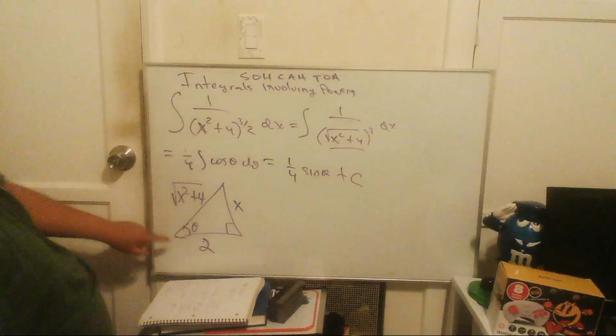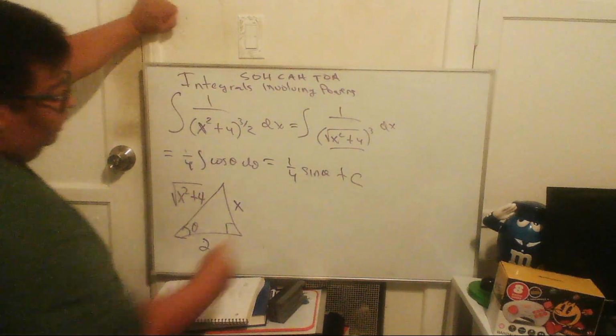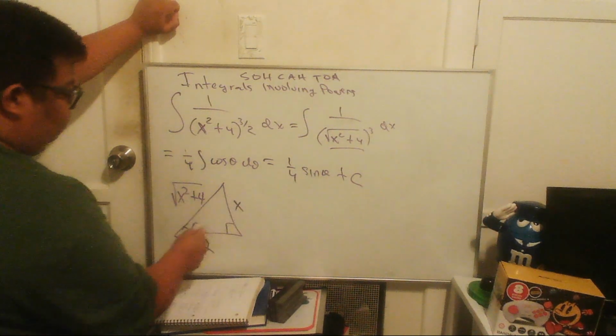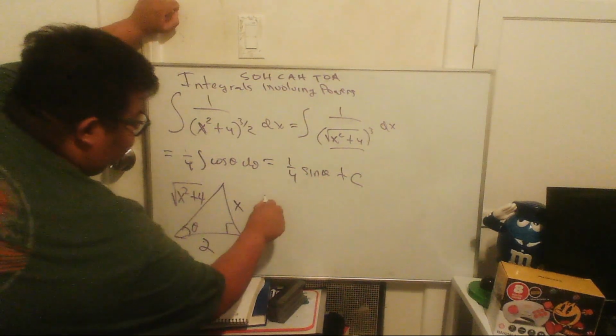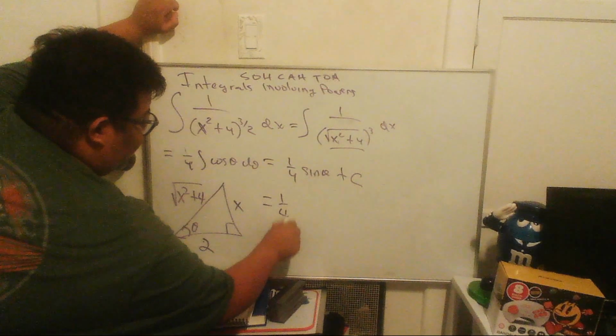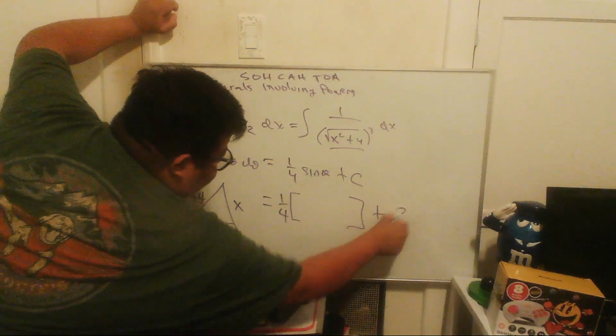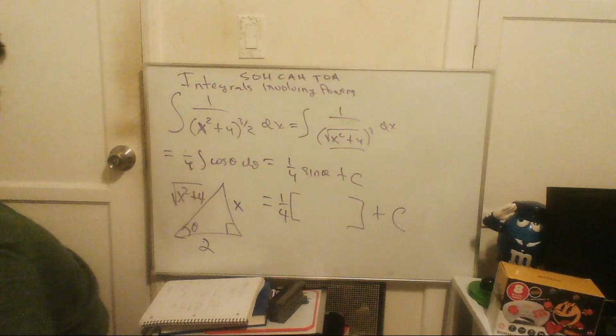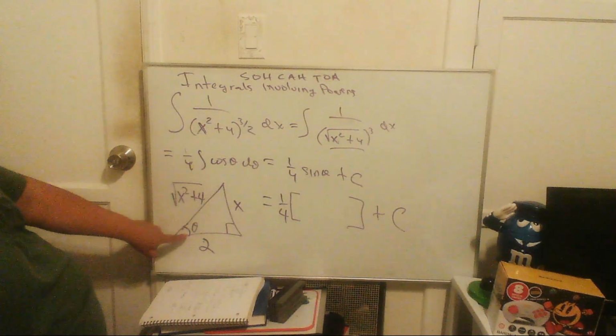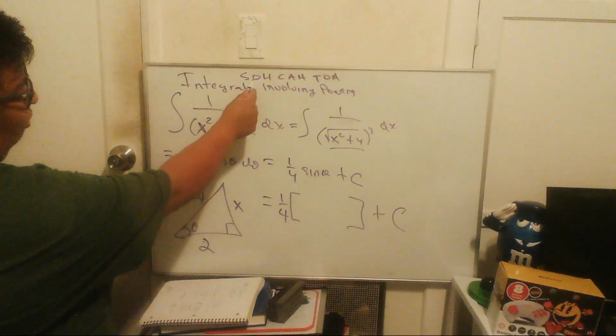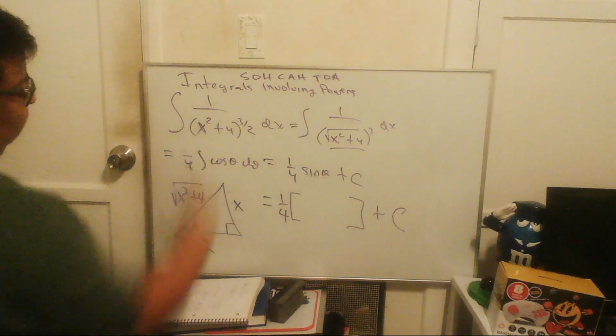So now that I have this, I need to change sine theta back to x's. So how do I do that? Well, that would be 1/4, I'm gonna leave this here, bracket, plus c. Okay, so now from the triangle I can see sine theta. Sine theta, remember what it is? Opposite over hypotenuse.